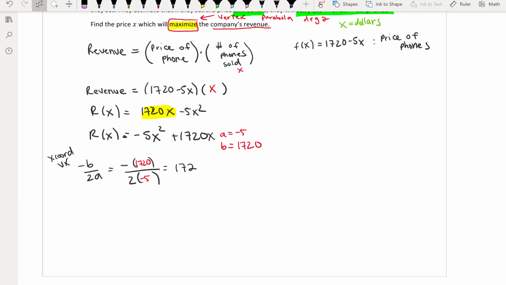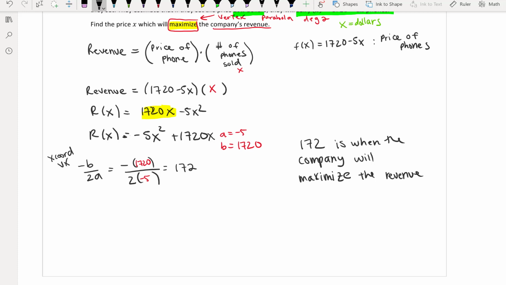So I know that 172 is when the company will maximize the revenue. And that is the price that they're selling it for. Perfect. All right, now let's go on to the next problem.